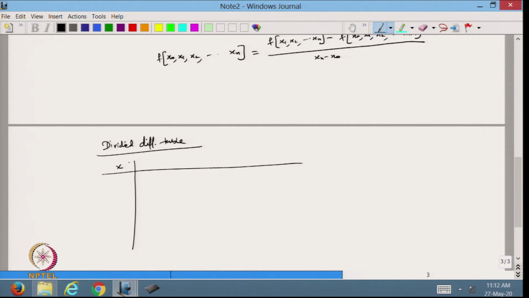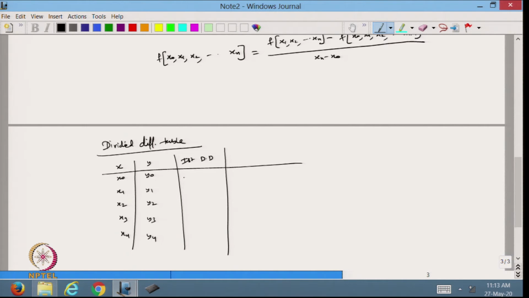So I have the value of x and this is the value of y that is given to me. So x0, x1, x2, x3, x4, suppose these 5 values are given to me, and y0, y1, y2, y3 and y4. So the first divided difference, dd, can be written here.